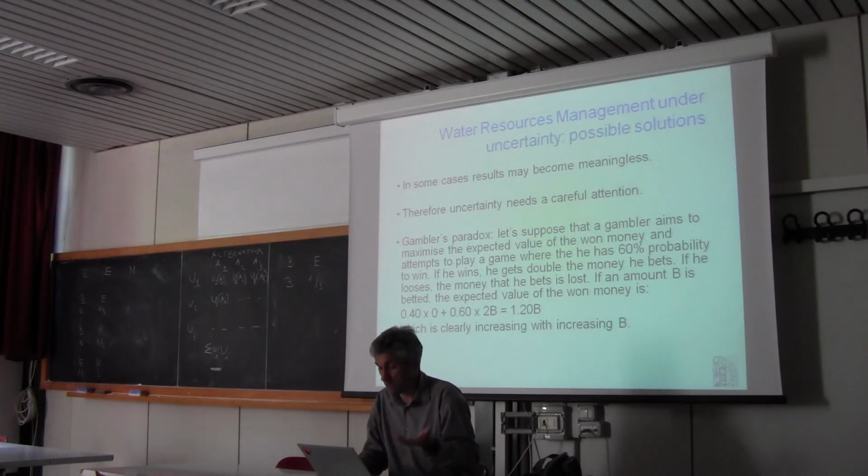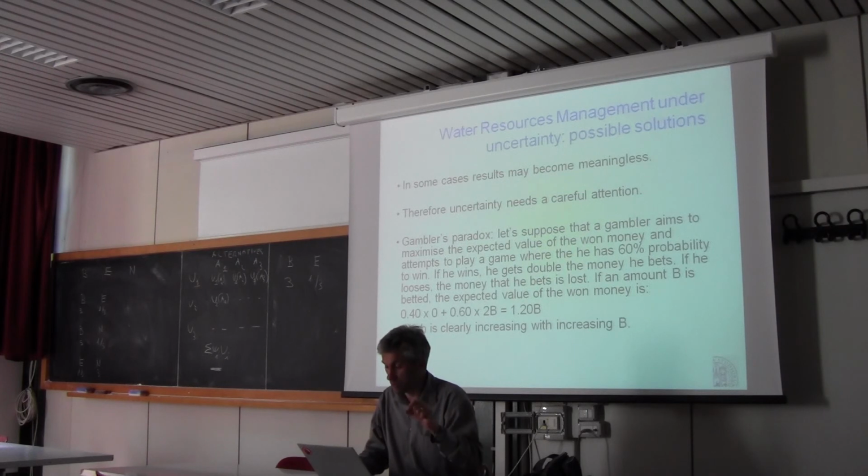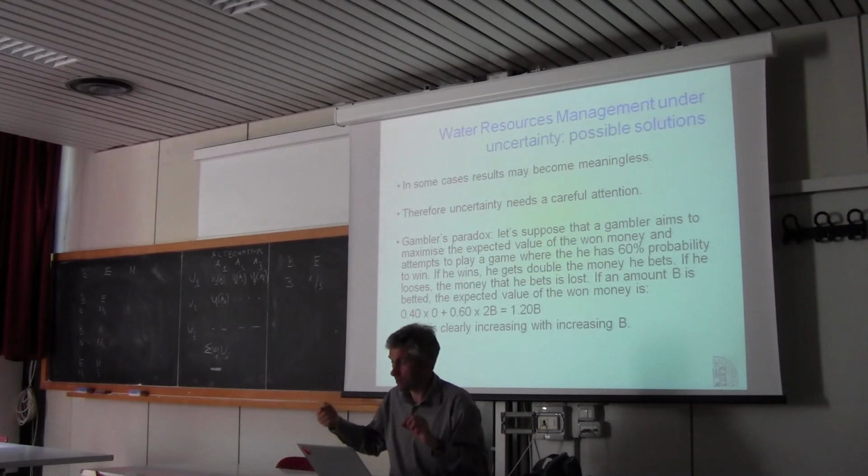So the expected value is 0.4 times 0, because if I lose, the probability is 0.4, and I win 0, plus 0.6, the probability to win, times 2b. Why 2? Because the game is such that if you win, you get 2b as a winning sum.